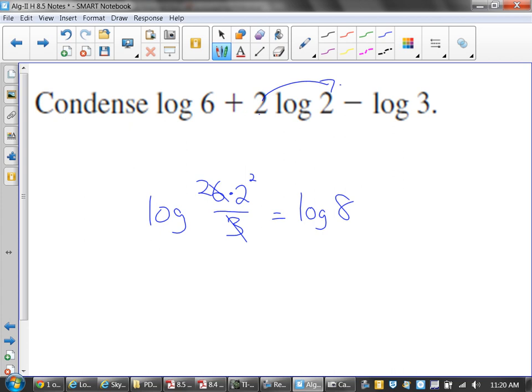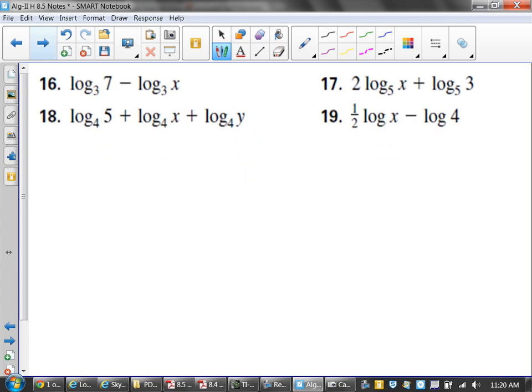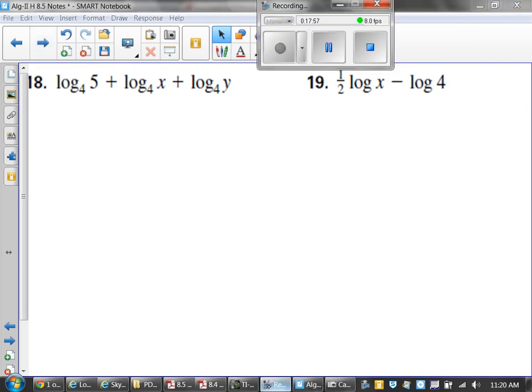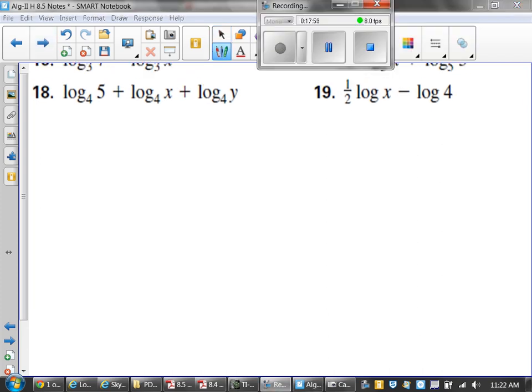4. All right. Let's try these. Try those two. When you get into this one, the one on the left, I'm guessing you guys got right away. 5xy log base 4. Okay.